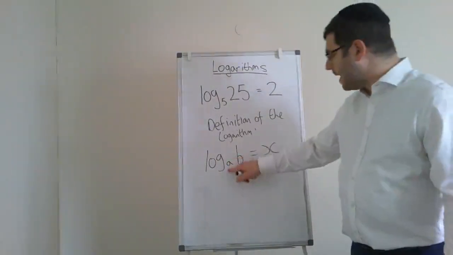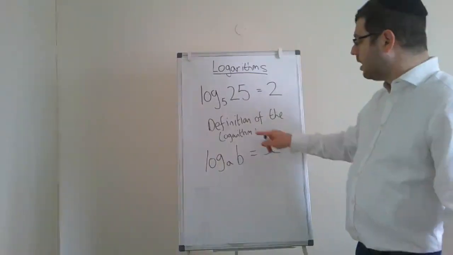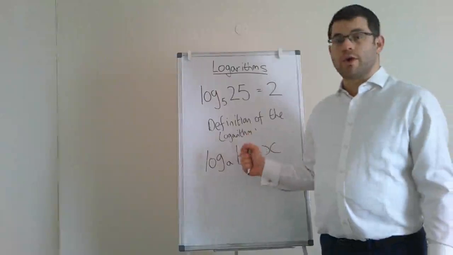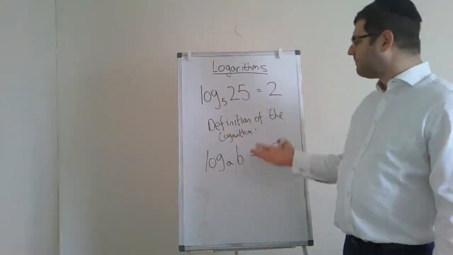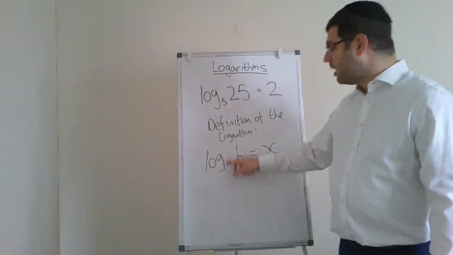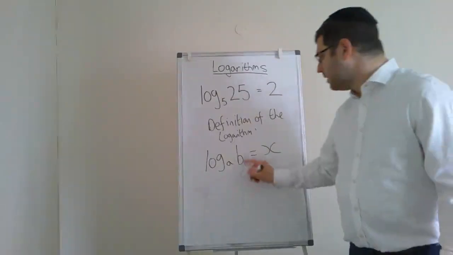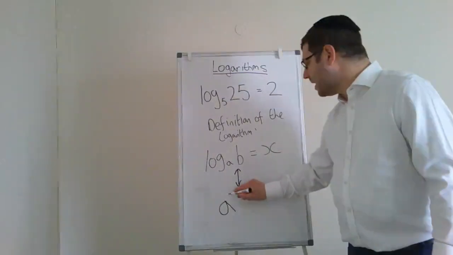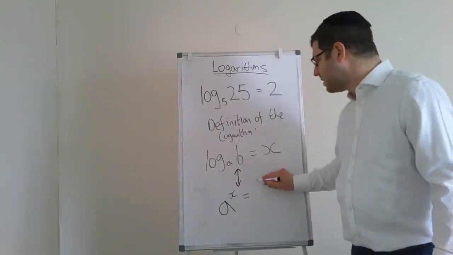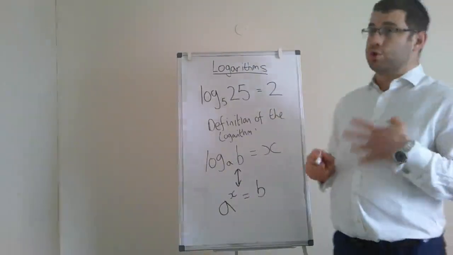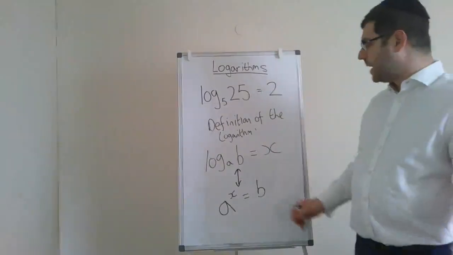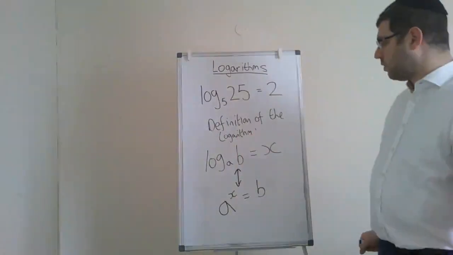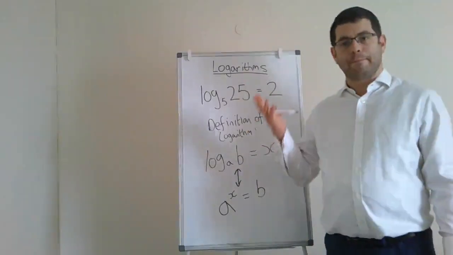It means the base to this power is equivalent to that number b, because that's what the logarithm is doing. The logarithm is identifying what power of that will give me that. This is equivalent to saying a to the power of x is equal to b. We use logarithms in maths to find powers. This is the powerful tool of logarithms. It can identify a power.